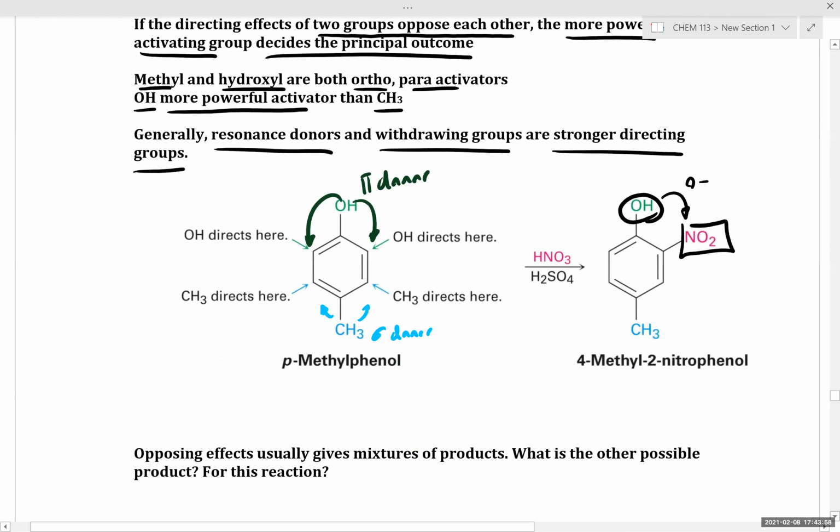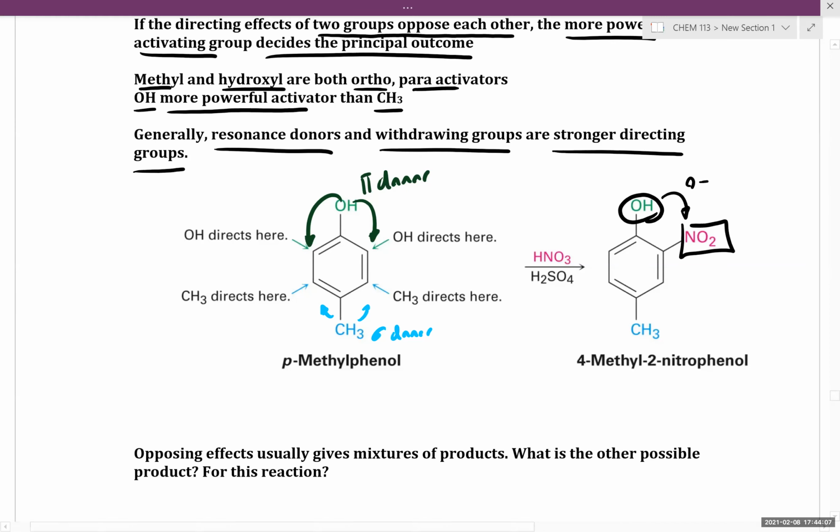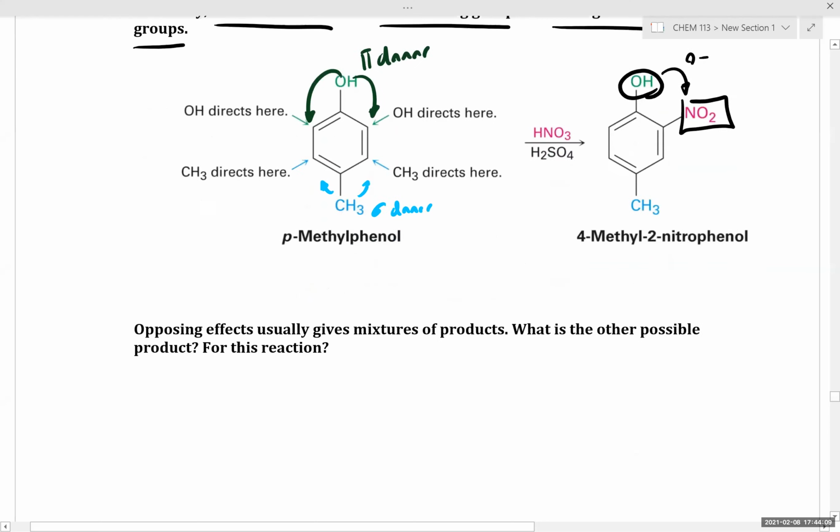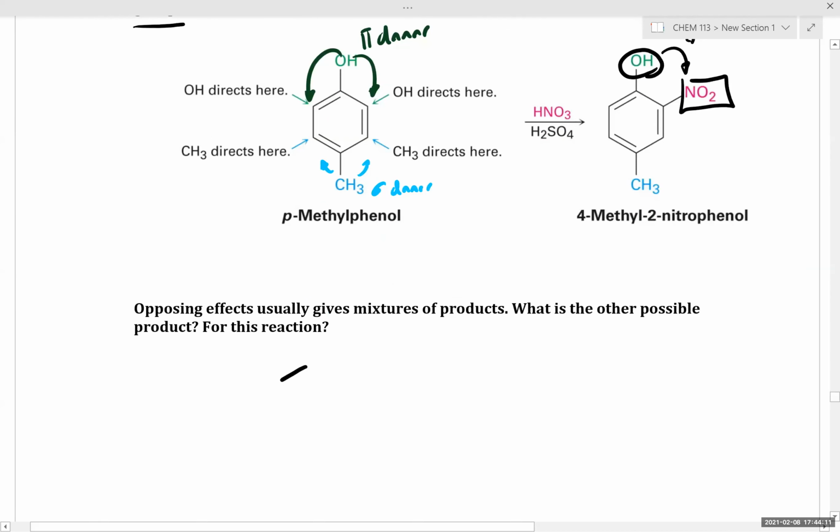Of course, you do still see a mixture, but it's heavily biased towards the position that's most activated by your directing groups. You will get a little bit of the alternative product. So we have our benzene ring. What would the other product look like for this reaction?